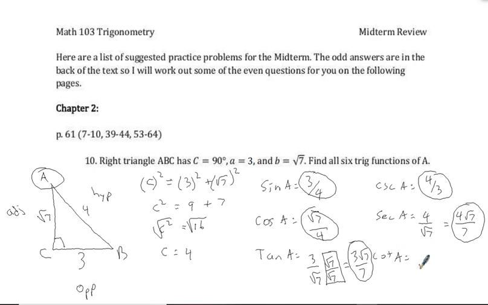And now cotangent A is the reciprocal of tangent. Going back to the first part, not the already rationalized part, where we would create more work if we used what was in the circle. But here, the square root of 7 over 3 is the better way to go. So there's all 6 trig functions at angle A in this problem.